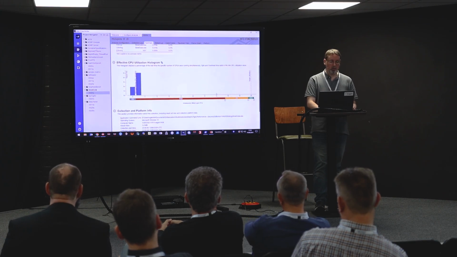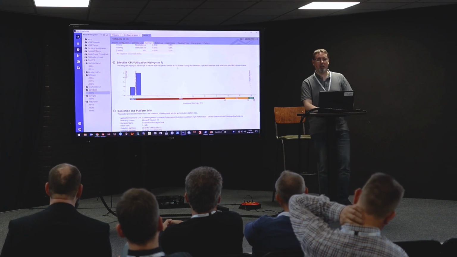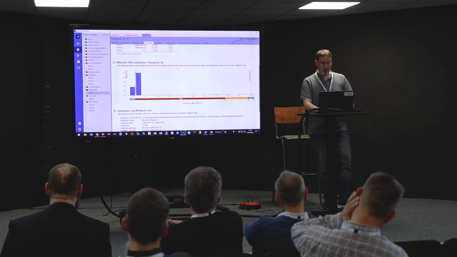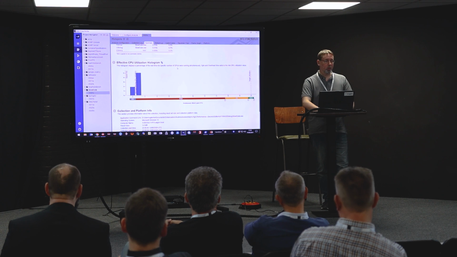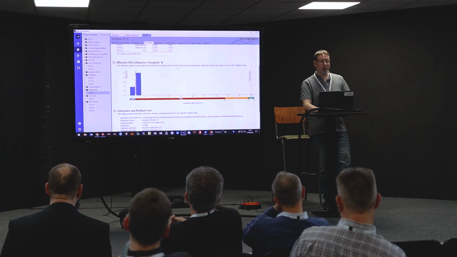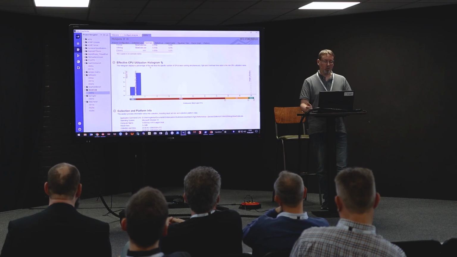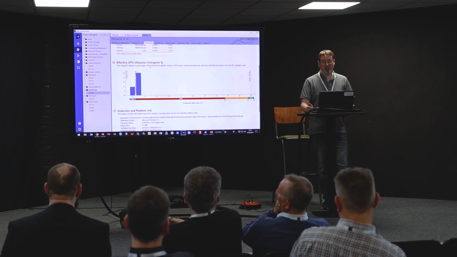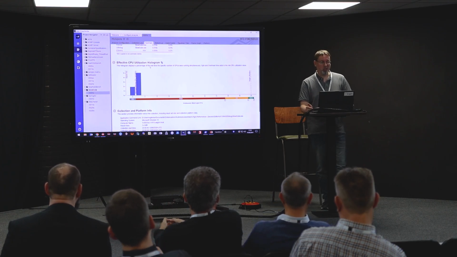It always shows the effective CPU utilization histogram. And since I have a CPU with 20 virtual cores, or threads, it will always say, okay, using all of these 20 is ideal. Everything else is like okay or poor. Even using 40 of them will be considered poor.